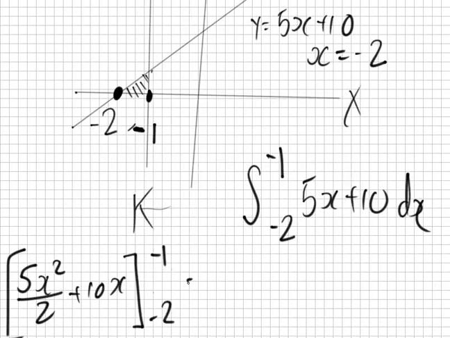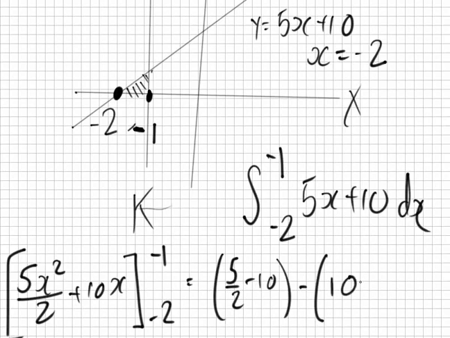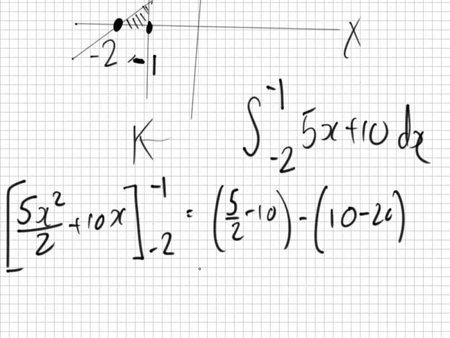If I put the minus 1 in, I'll get 5 over 2 minus 10. And if I put the minus 2 in, I'll get 2 squared is 4, 4 over 2 is 2, so I'll get a 10 there, minus 20, I hope. So if I put this all together, is that right?